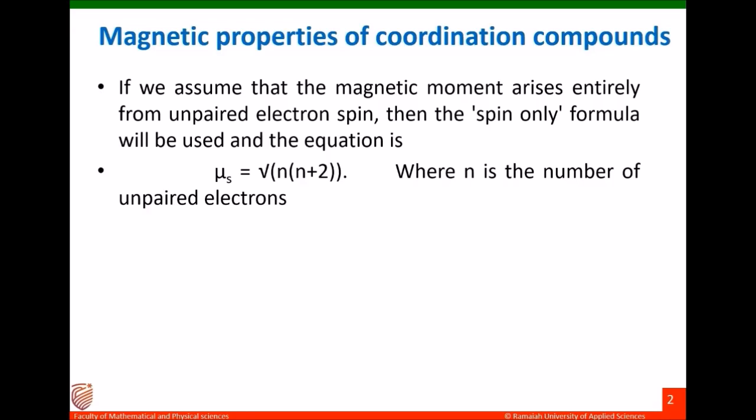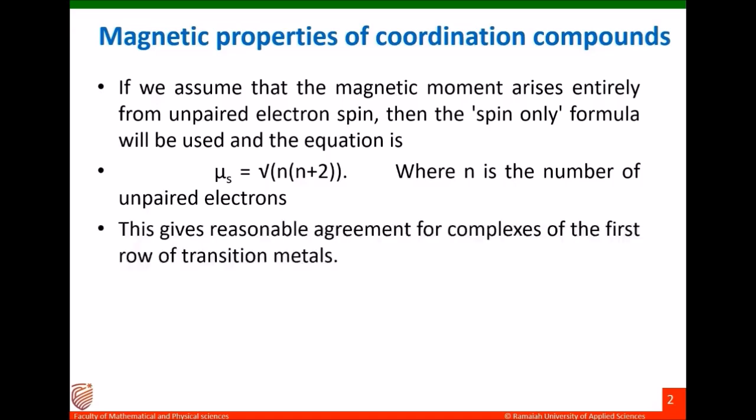We are not considering other factors which influence the magnetic moment. This gives reasonable agreement for the complexes of the first row transition metals. So this equation is mainly valid for the d block elements, especially in the first row of transition metals. In the second row and third row, there will be a large deviation between the experimental value and the calculated value of the magnetic moment.